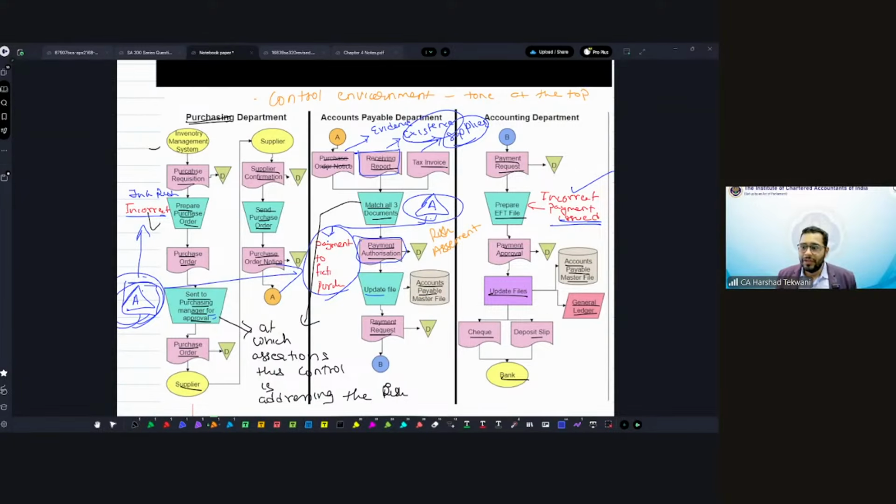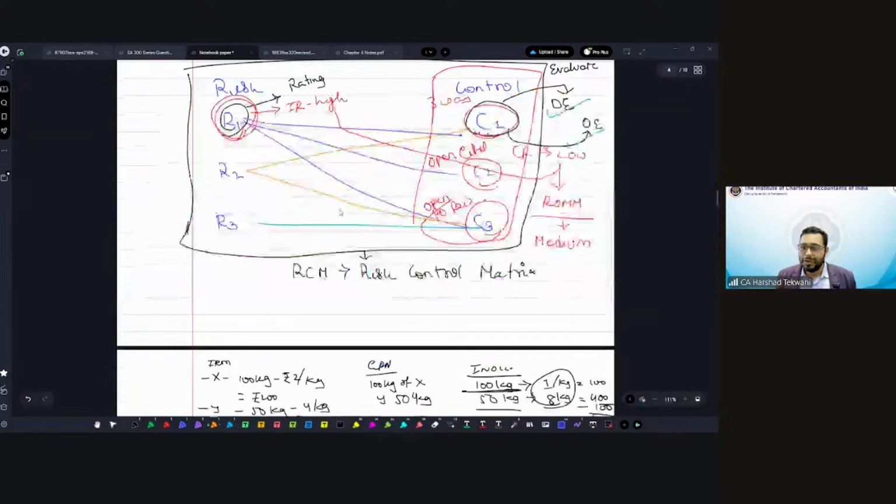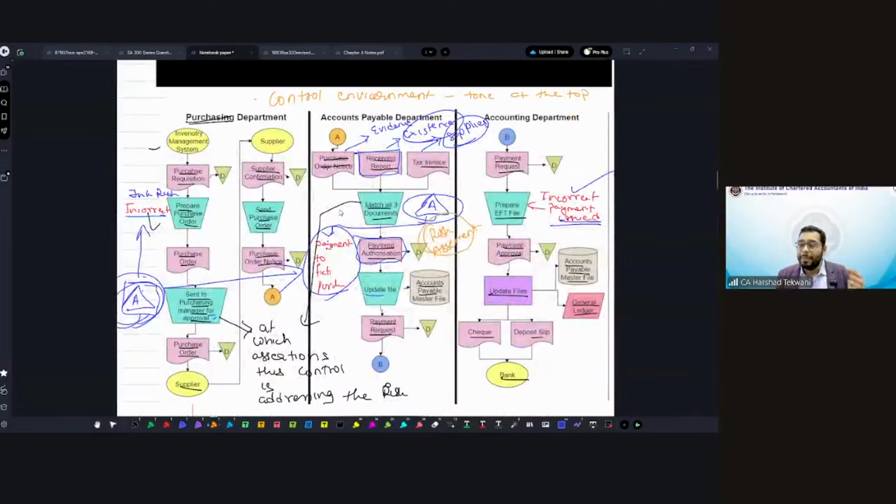They know there is a risk that fraudulent invoices might be paid, and that's why they have brought in the second component. In front of the risk, you have a control. Remember the risk control matrix? That is the second part of your internal control: each and every internal control is associated with a risk. Without a risk, you don't need a control. It is not a control, it's a waste of time.